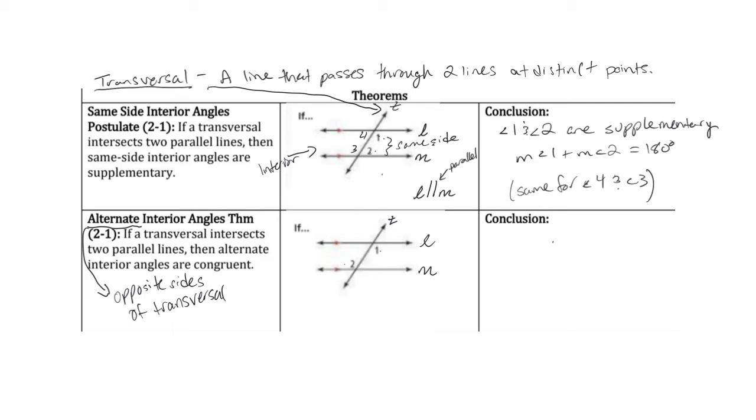We also know that if they're interior, that means they're both inside L and M. And we can see angle 1 and angle 2 are in the interior of L and M. So we have interior angles, and we also have alternate angles because they're on opposite sides of our transversal. So we can mark them with little arcs to show that they are congruent because our theorem tells us that they're congruent. And our conclusion would be angle 1 is congruent to angle 2.